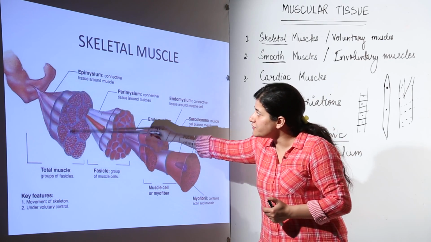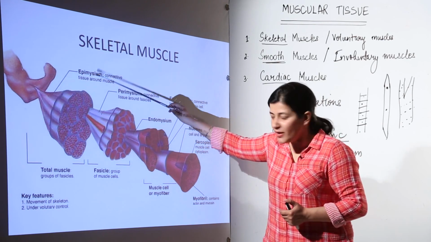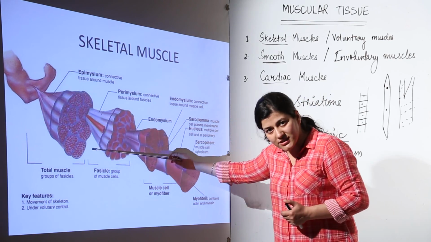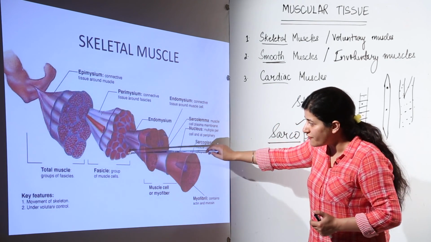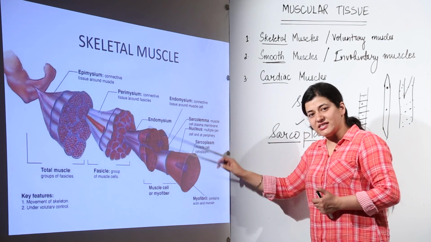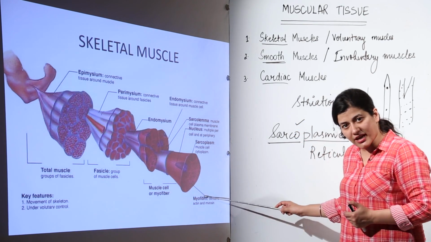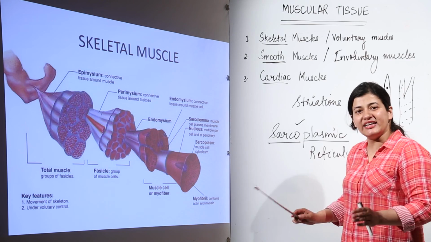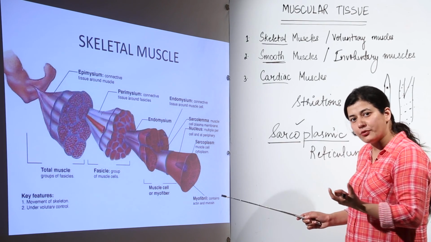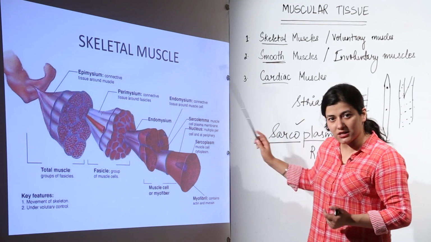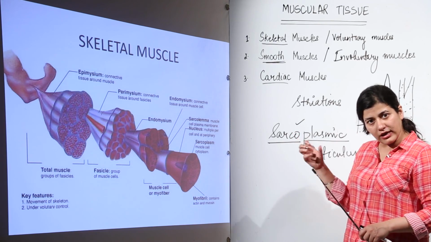Alright, that connective tissue layer is known as epimysium. There are many fascicles present inside the epimysium. Those fascicles have muscle cells inside them. Those muscle cells have myofibrils inside them, which are nothing but actin and myosin, the contractile proteins present inside the skeletal muscles, responsible for bringing about the movement.